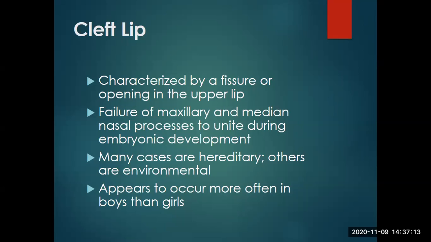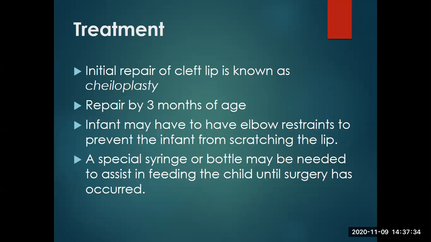And basically, like what it says here, is failure of the maxillary and also the median nasal processes to unite during embryonic development. In many cases, it is hereditary, and sometimes others can be environmental, and it appears to occur more often in boys than in girls.